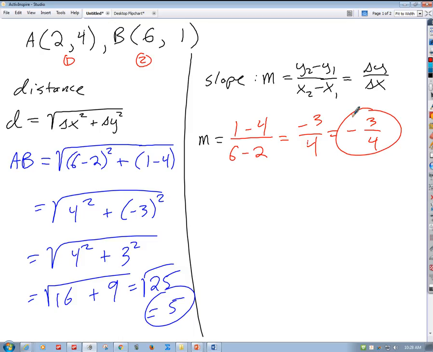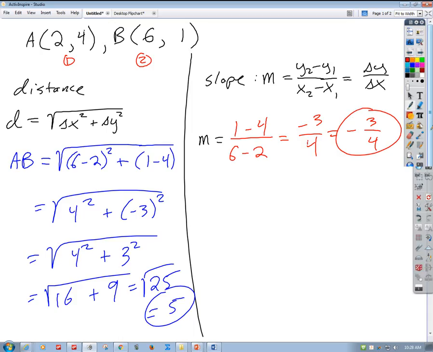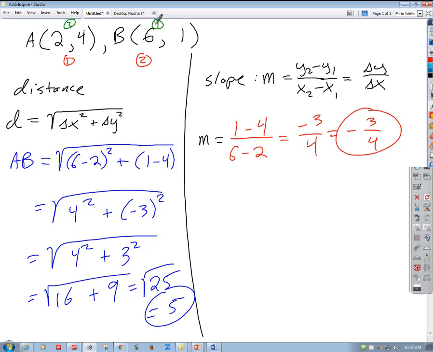Could we have done it differently? Yeah, we could have. If we wanted to, we could have called this one point 2 and that one point 1. It would have worked, right? Then on top, y2 minus y1 would have been 4 minus 1, divided by, not 6 minus 2 this time, 2 minus 6.